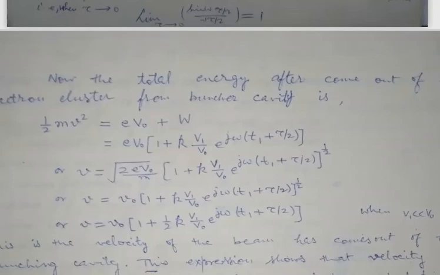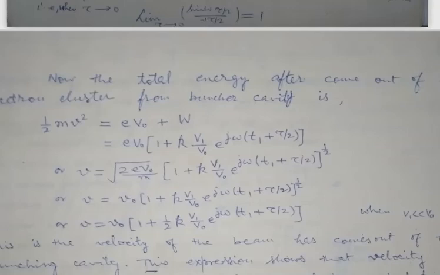The whole raised to the power 1 by 2. Since root 2 e V0 over m is the uniform velocity v0 of the electron beam, this equation now becomes v equal to v0 into 1 plus k V1 over V0 e raised to the power j omega into t1 plus tau by 2, the whole raised to the power 1 by 2.